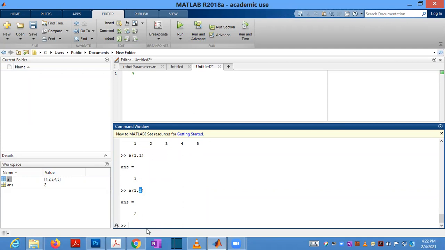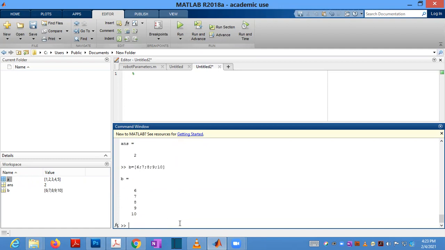So if we are entering a single-line row vector, you can do it like this. If you want a column vector, B equal to 6 semicolon 7 semicolon 8 semicolon 9 semicolon 10. It is creating a column vector. So for a row vector you have to add space, and for a column vector you have to enter semicolon.